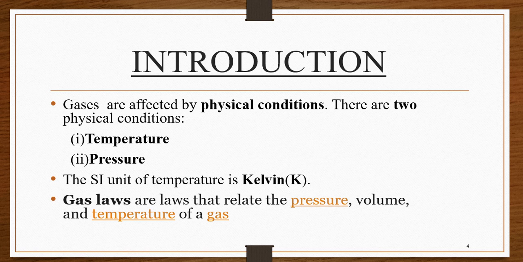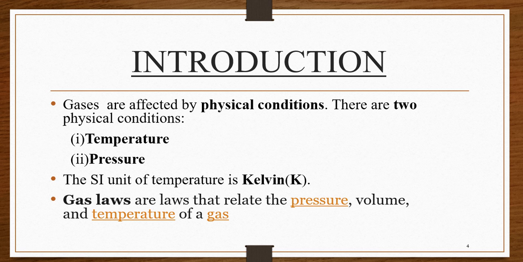When we talk of the physical conditions, we talk of the changes that occur in our environment in terms of certain measurable quantities. For example, there is temperature, and number 2, there is pressure.